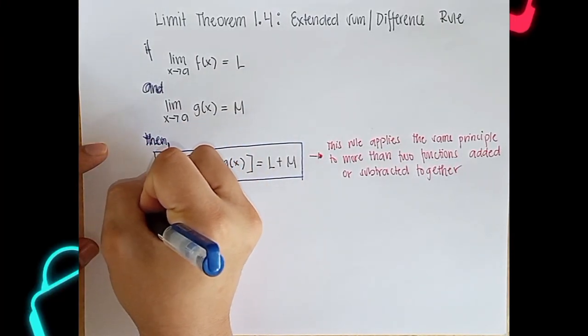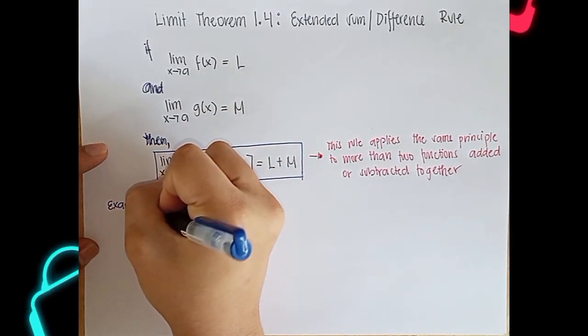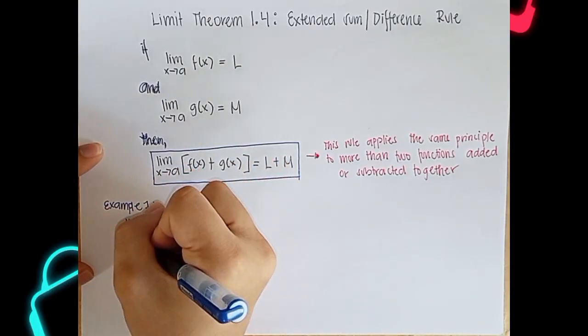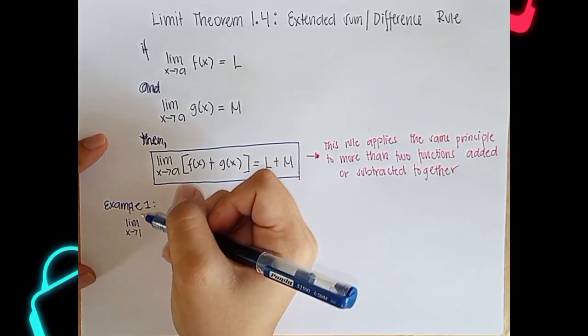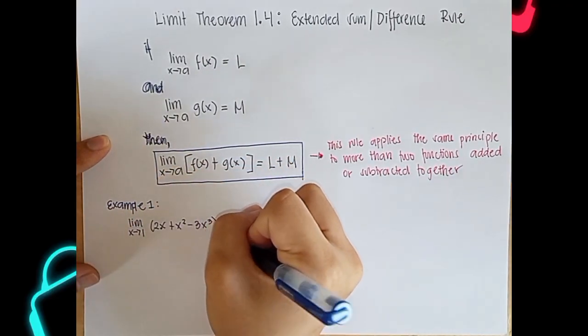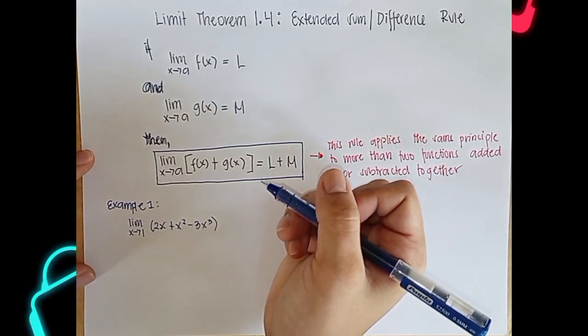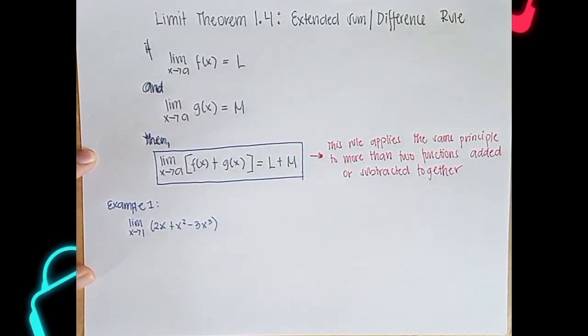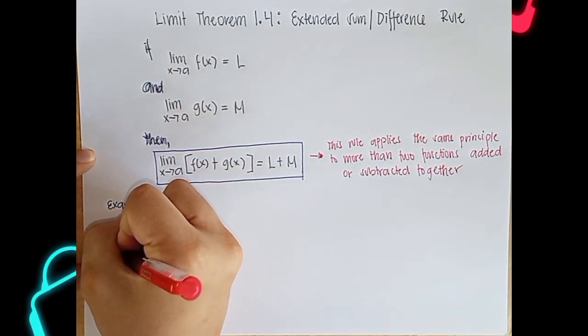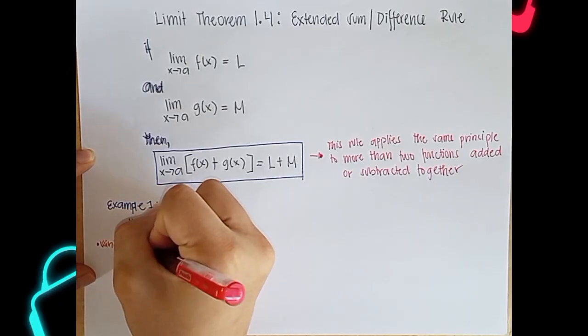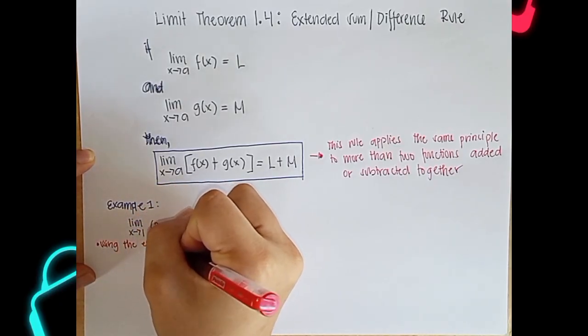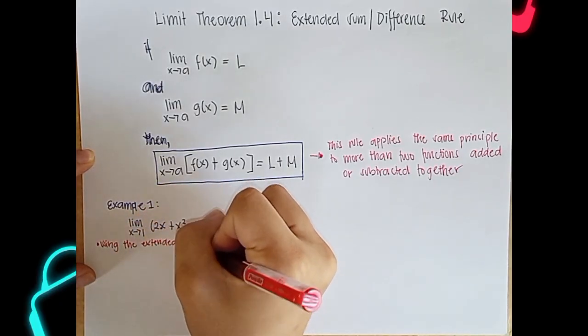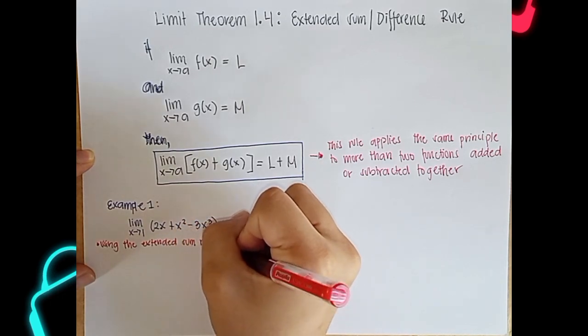So let's have this example number 1. Given the limit as x approaches 1 of 2x plus x squared minus 3x cubed. As you can see, the expression has more than 2 functions, because we have 3 functions at the same time.